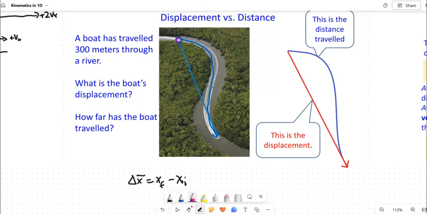Its starting position was right here, so this is xi, and its ending position after that whole trip is right here. That is xf. So going from where you started to where you ended, this vector is going to be this long. Okay, and that is your displacement.